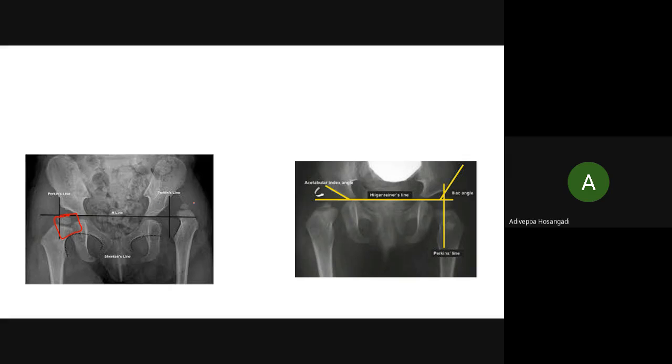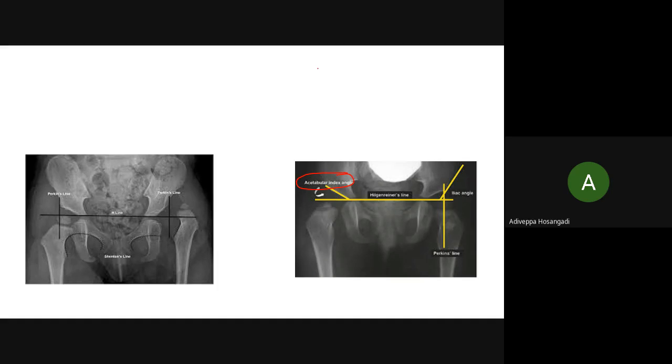Look at this hip, which is dislocated. Naturally, it has gone up and outside, into the upper and outer quadrant, the superior and lateral quadrant of the lines. Please remember, Perkins line and H line are used in CDH. Again, important radiological markers are there. Acetabular index. You remember one thing.